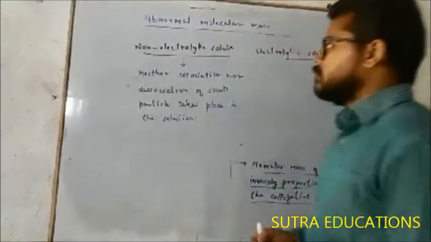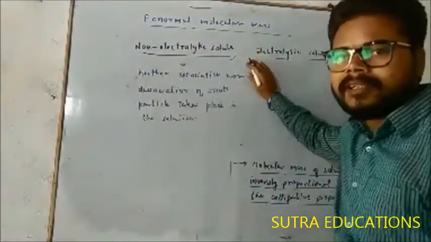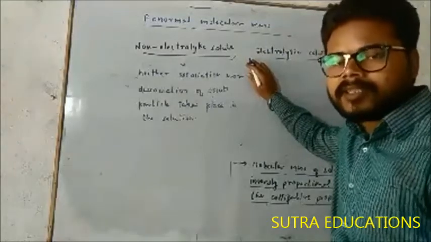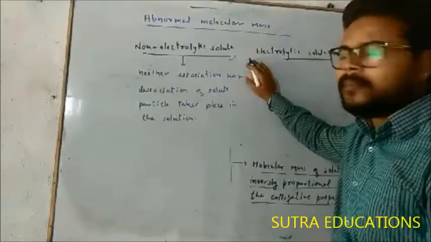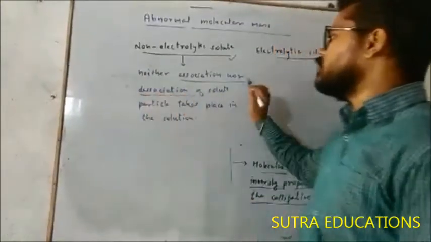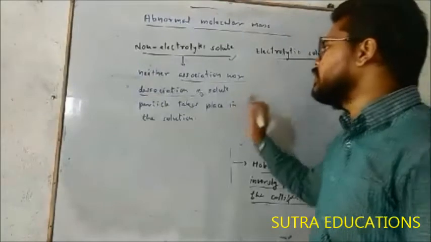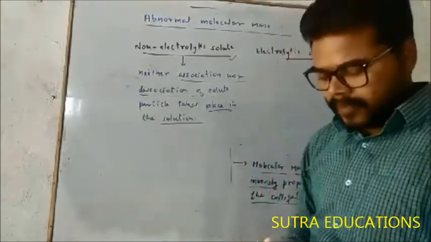Do you remember? I have told you earlier, two types of solute are there. One is non-electrolytic solute, meaning non-electrolyte. The other is electrolytic solute, meaning electrolyte. In case of non-electrolytic solute, neither association nor dissociation takes place in the solution. Getting this, na? Means what?